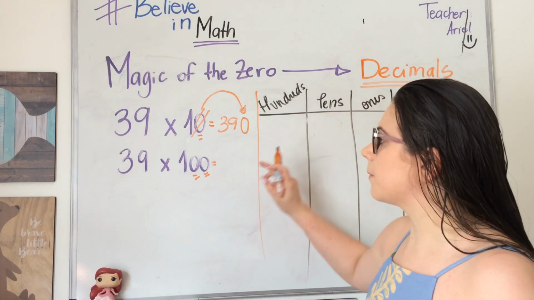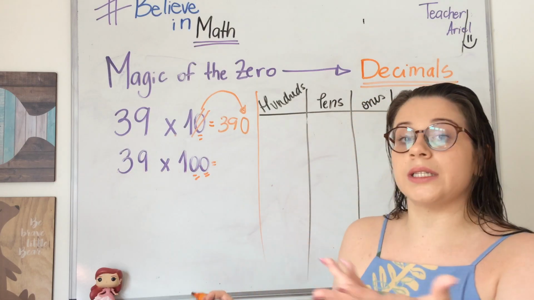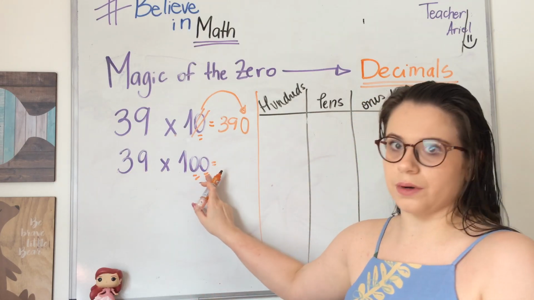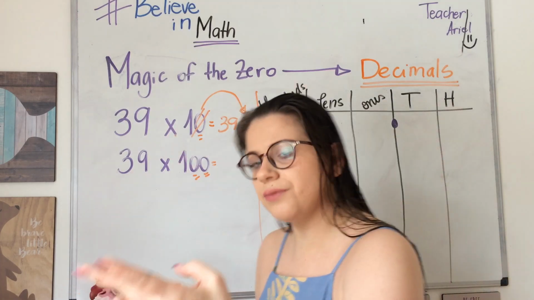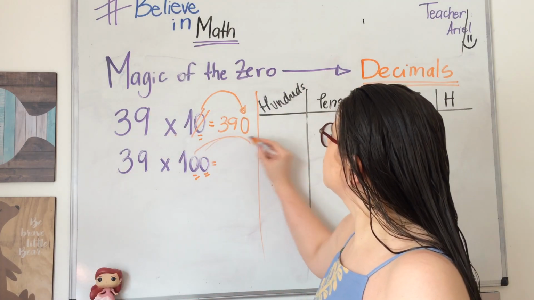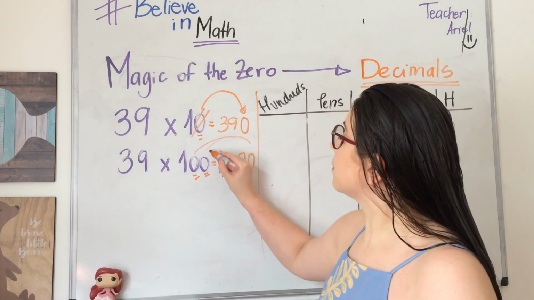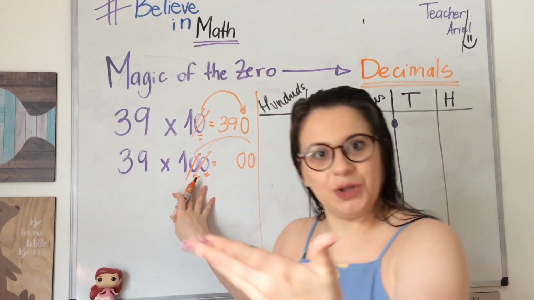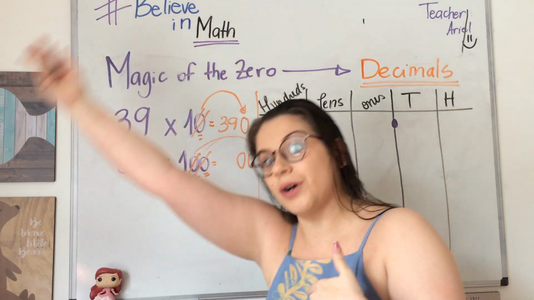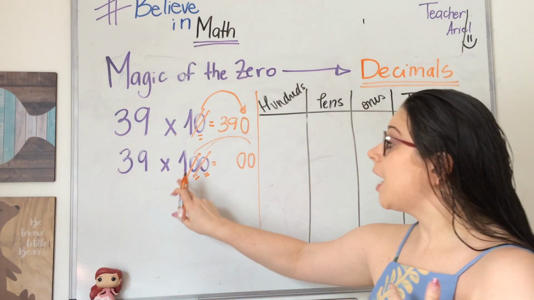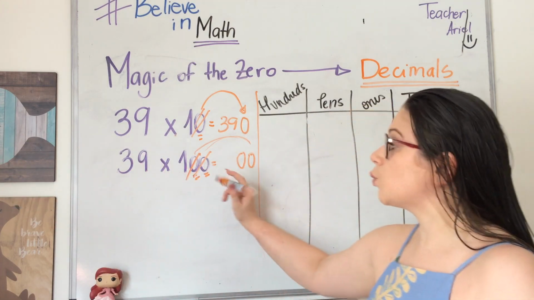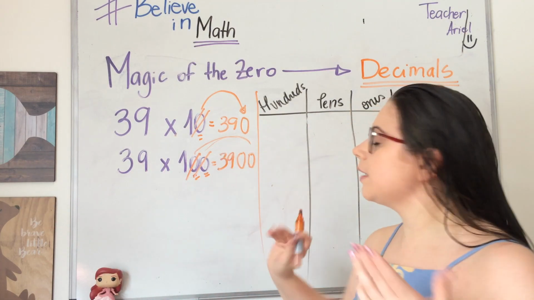So, for example here, 39 times 100. 100 has two zeros, so I am going to throw both of them. 1, 2, 1, 2. The moment that I threw the two zeros to the other side of the multiplication sentence, I only have to work with 39 times 1, which is 39.